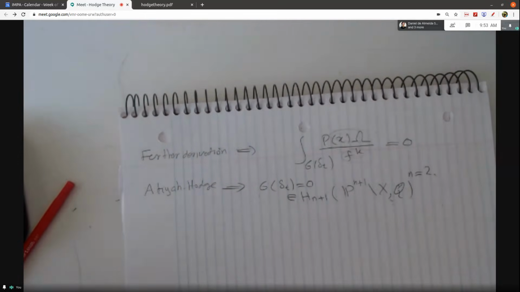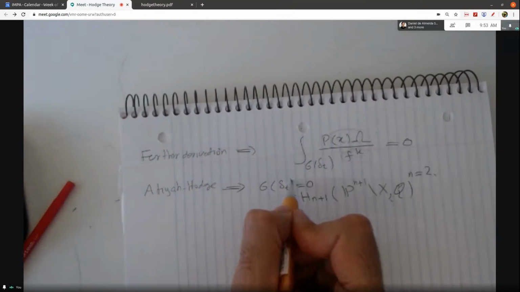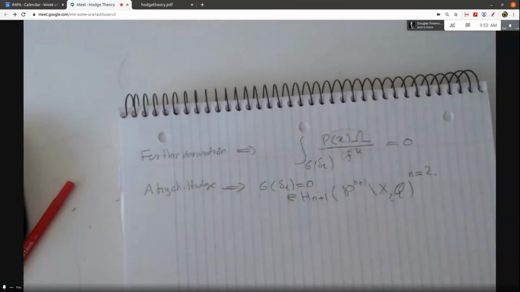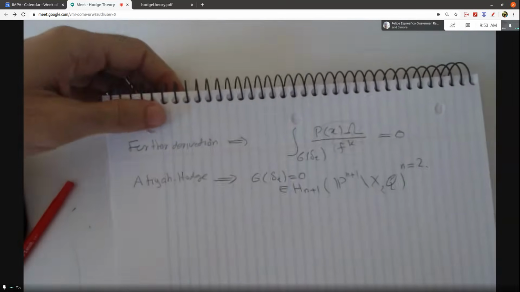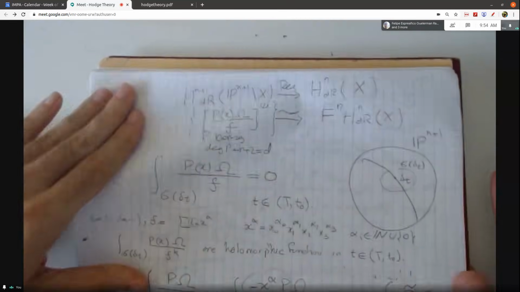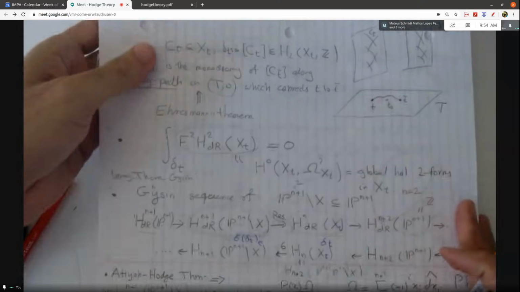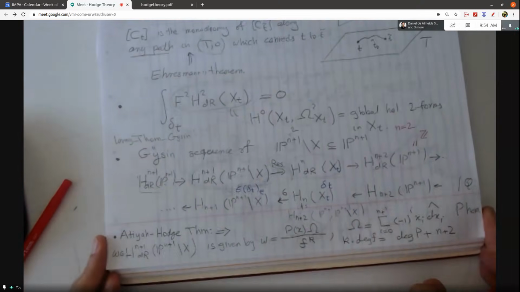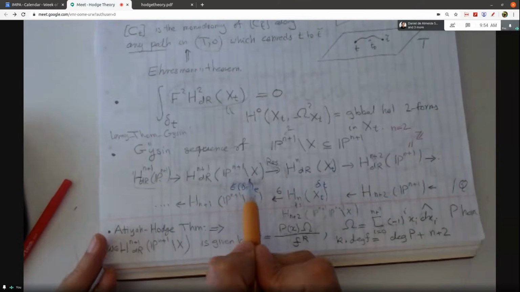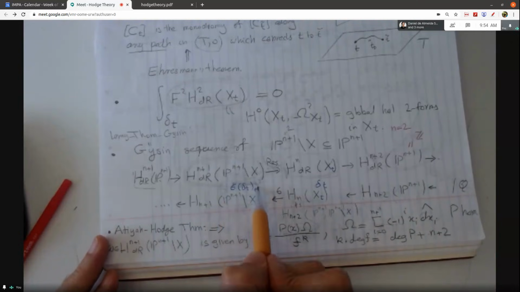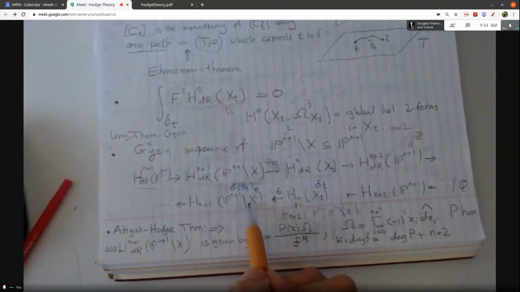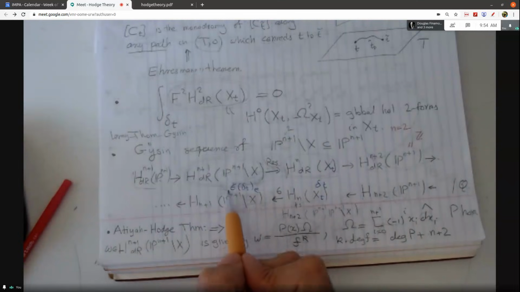Anyway, we get the conclusion that these cycles are 0. Once we do this, we are almost done, not wholly, because there will be some more details coming. So far, this guy here becomes identically 0, and so sigma delta is 0.